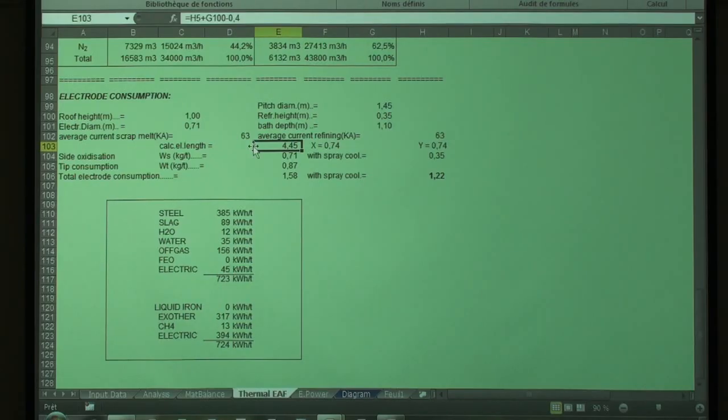So this is the calculated length, and afterward this is the Bowman model. So I have to adjust this parameter to get the right result.